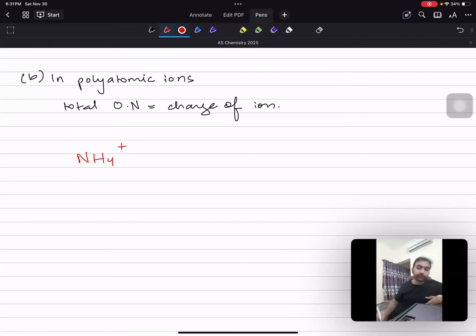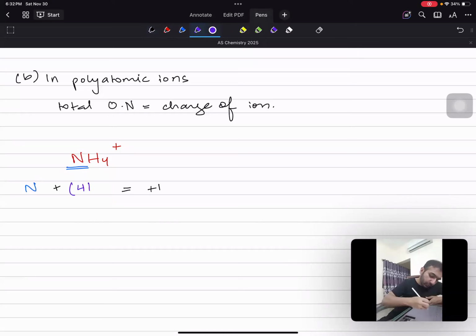For example, a very basic example would be the NH4 ion. I don't know about nitrogen, I don't know about hydrogen, but I know that the total is going to be +1. So +1 is equal to a single nitrogen, and it is equal to a combination of 4 hydrogen atoms or ions, you can say that.